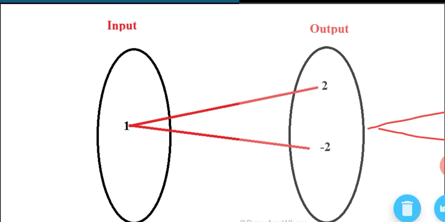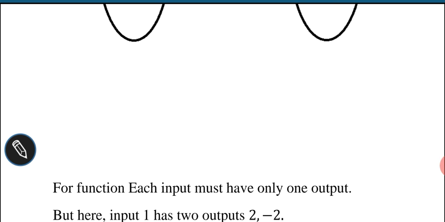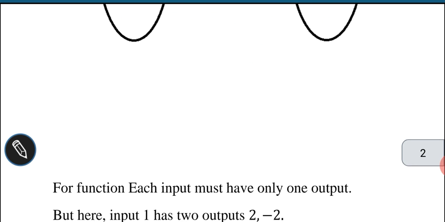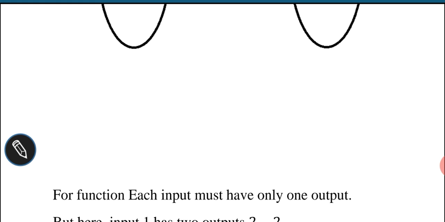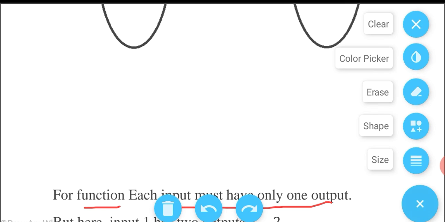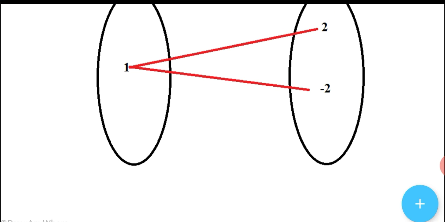As per the concept, it is not a function, because for a function each input must have only one output. But in this case this input has two outputs, that is 2 and minus 2.